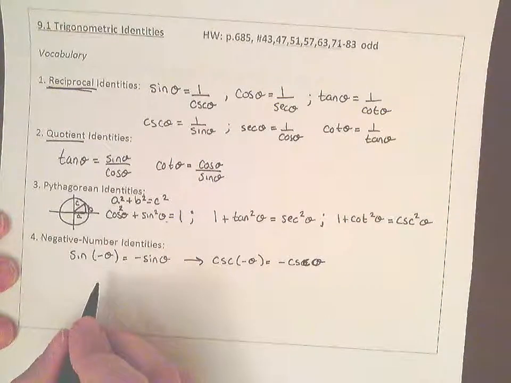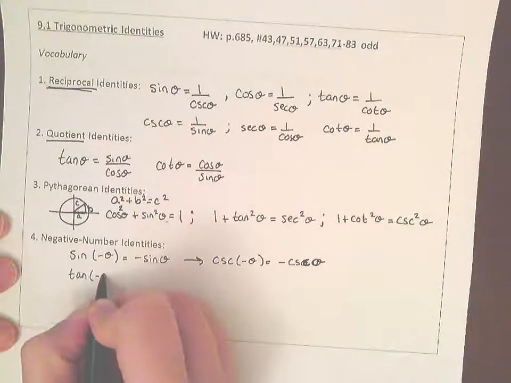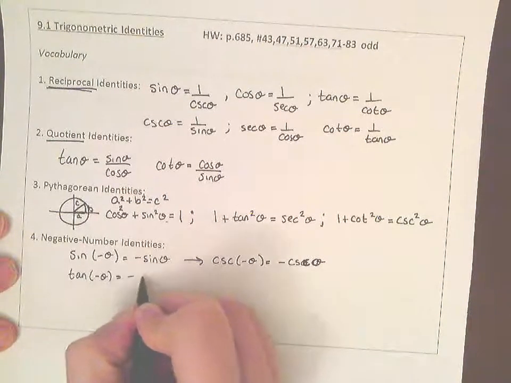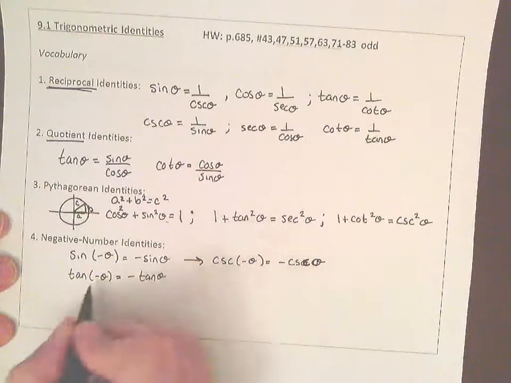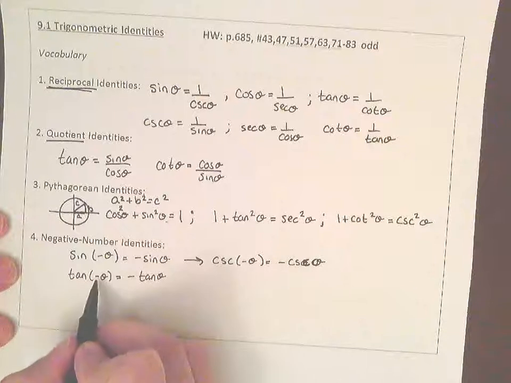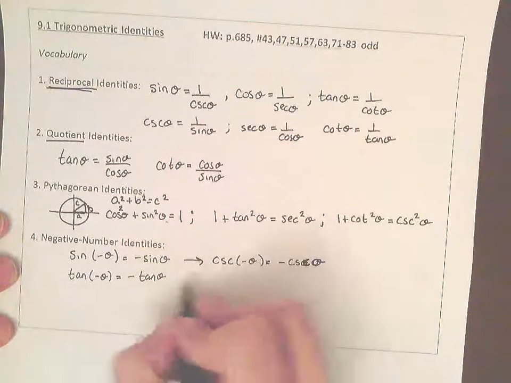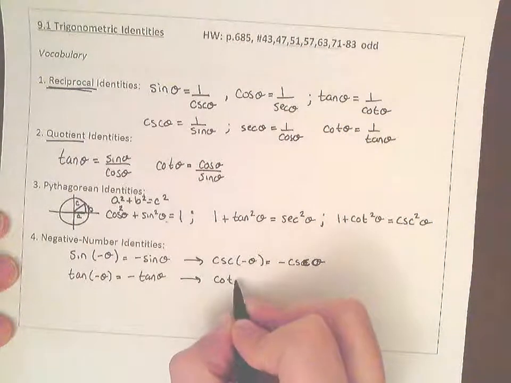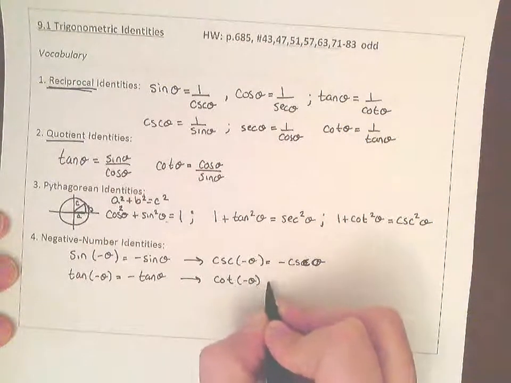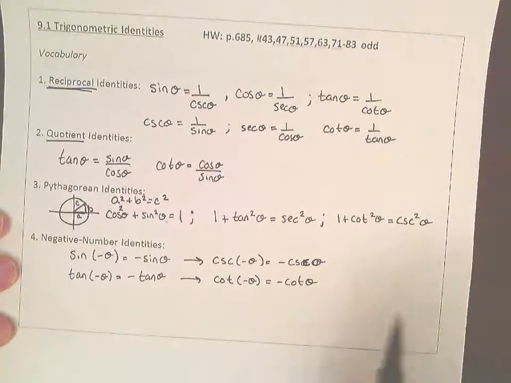The same thing happens with tangent. So tangent of negative theta is equal to negative tangent of theta. So with these functions, I can just pull the negative out of theta and put it right in front of the whole entire function. And the same thing happens with cotangent of negative theta is equal to negative cotangent of theta.